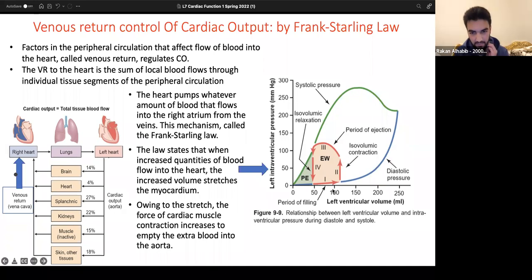If my filling time takes longer, therefore my isovolumic contraction will take longer, and my period of ejection will also take longer because you're ejecting more blood. Okay, so you're ejecting more blood by putting more blood into the heart. Is that clear?